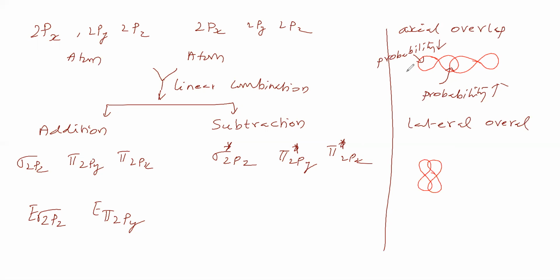Before overlapping, how will the probability be? Now we are considering a p orbital before overlapping. The probability of finding the electron cloud in this lobe and in this lobe will be equal.